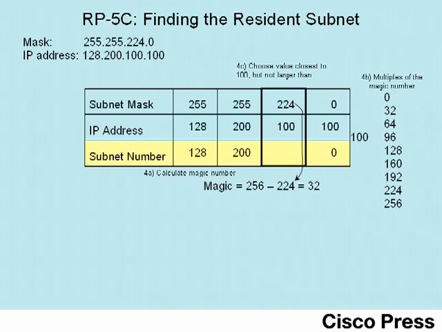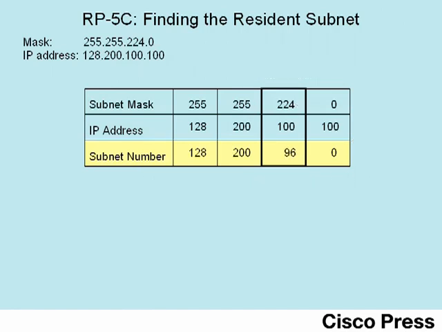Now that value is 100 in this example. And we see that 100 is closest to the multiples of the magic number that are 96 and 128. And we simply pick the smaller of the two. So in this case, we pick 96, so the subnet number is going to be 128.200.96.0.